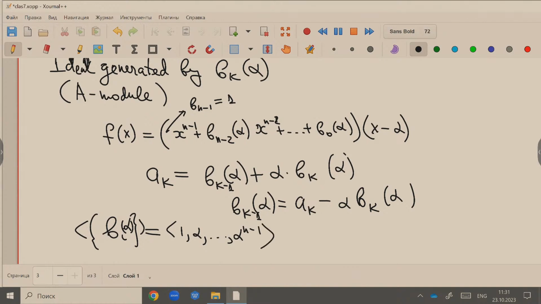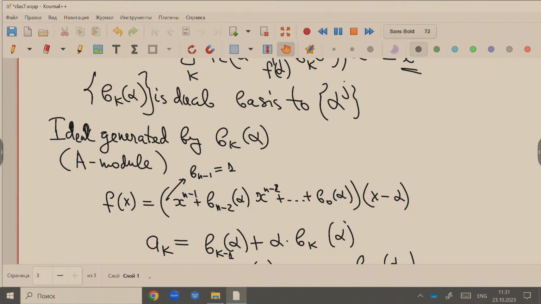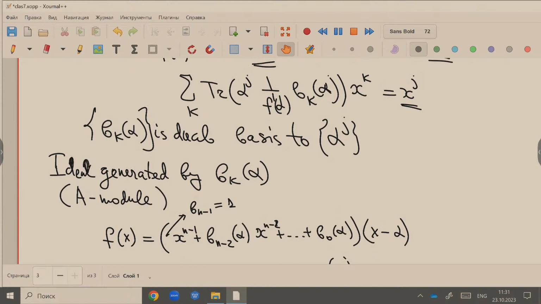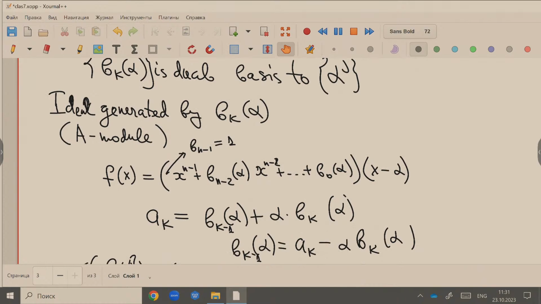And if you look at the corresponding formula, we have to generate the ideal by this coefficient, but there is an additional coefficient, 1 over f prime. So you have to write down the ideal generated by the dual basis.